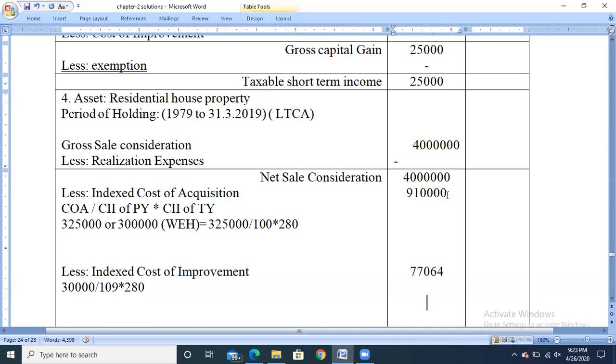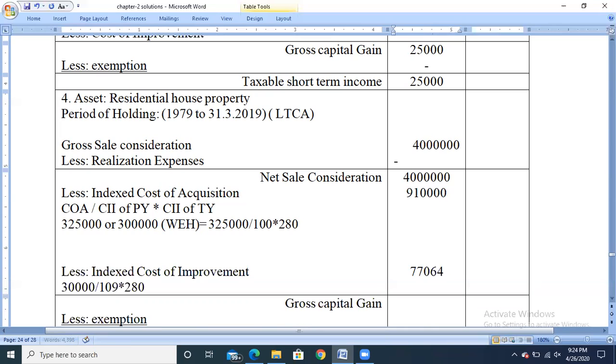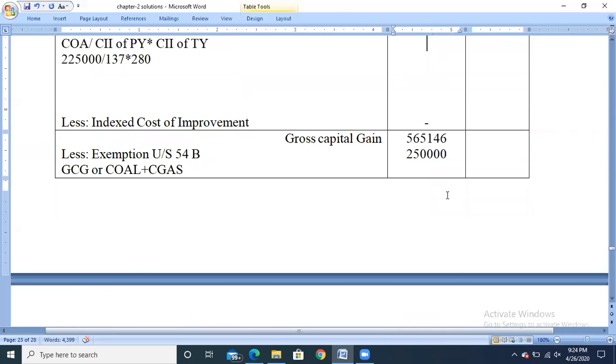Now minus the amount from the net sale consideration, so we get the balance amount, that is gross capital gain. Balance amount will be 30 lakh 12,936. Now check the problem whether the assessee can claim any exemption.